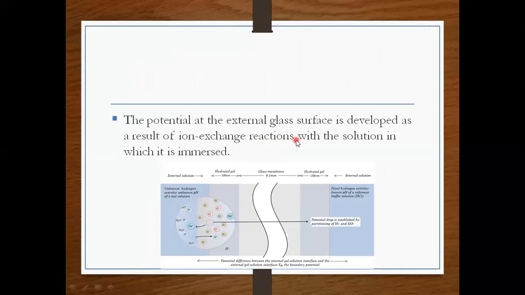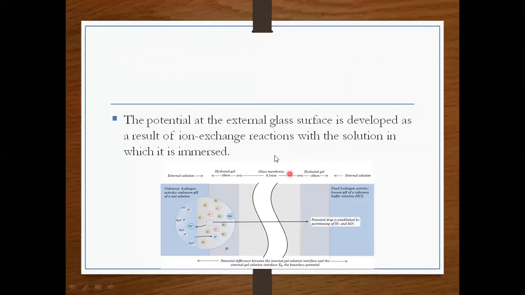The potential at the external glass surface is developed as a result of ion exchange reactions with the solution in which it is immersed. So here is a diagram that describes the general glass body, or the dry glass body, which consists of 0.1 millimeter in width from this side towards this.